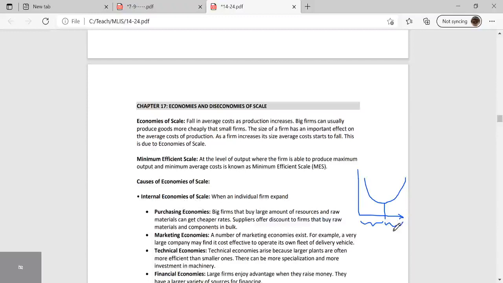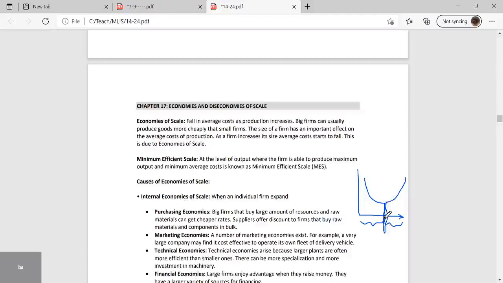So economies of scale means what? This means falling average cost because of increasing production. And diseconomies of scale means rising average cost when the production becomes too large. This minimum point of AC is known as MES, or minimum efficient scale.